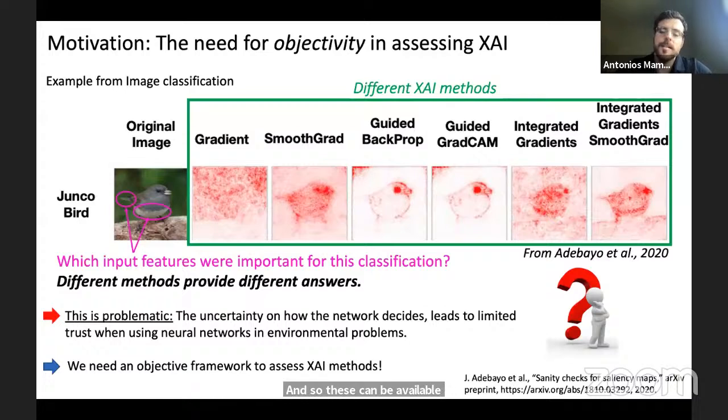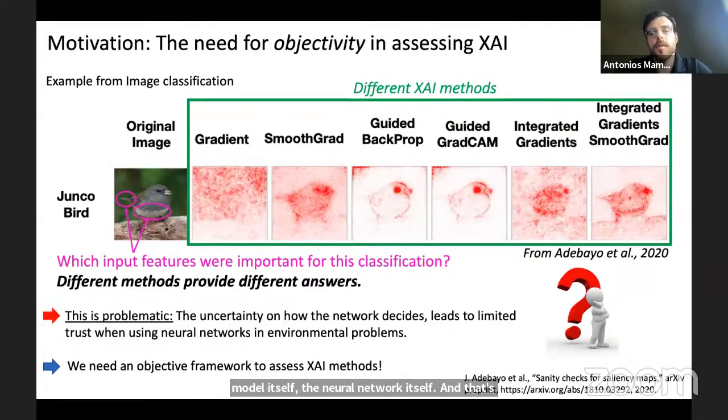This uncertainty in the explanation can be very problematic because in a climate prediction setting or in an application in geosciences, we need to know with quite high certainty what were the features in the input that led to a correct prediction. And so the uncertainty in the explanation propagates into uncertainty and low trust about the model itself, the neural network itself.